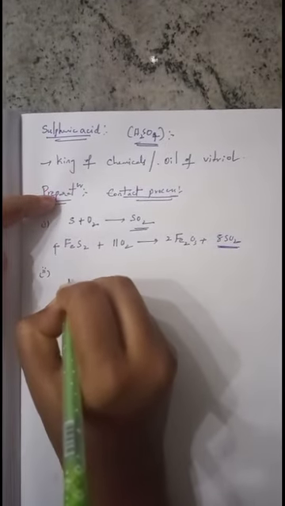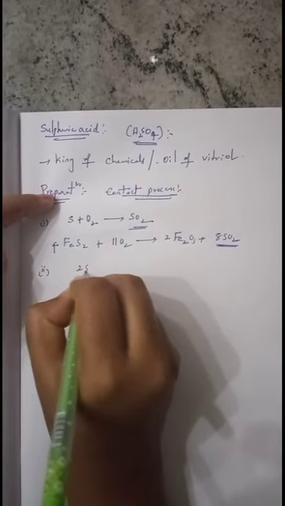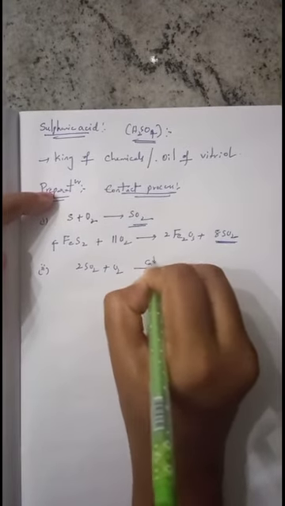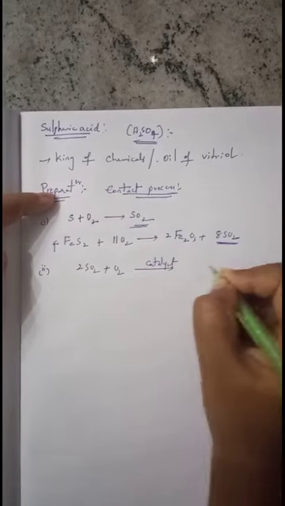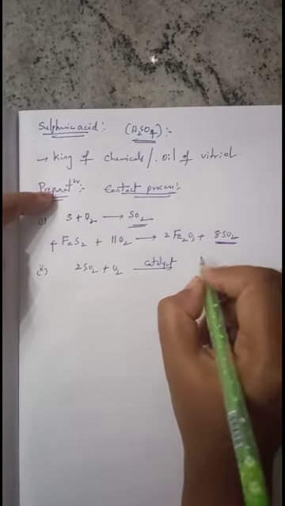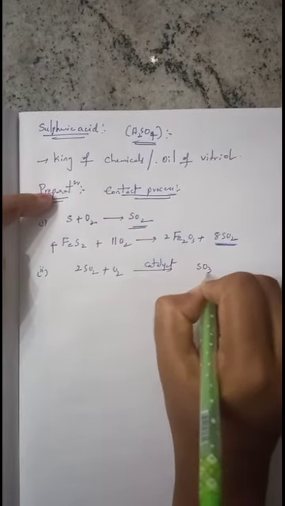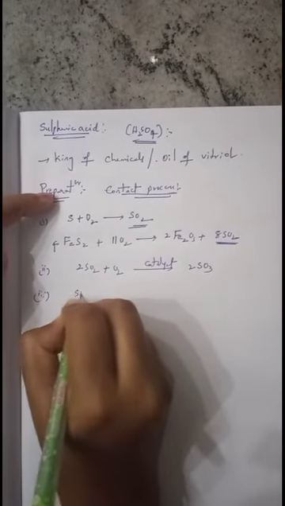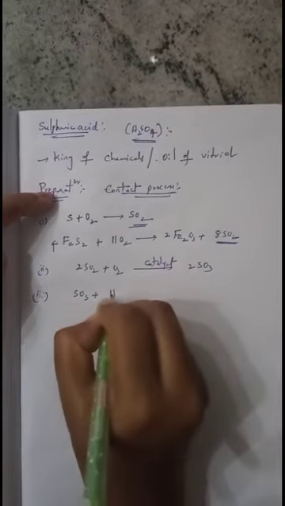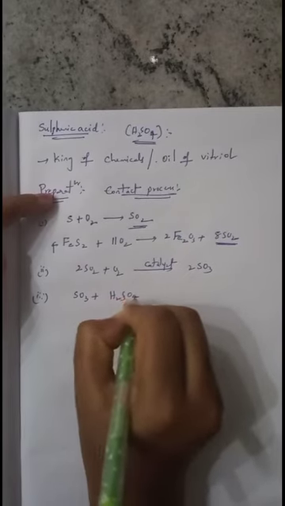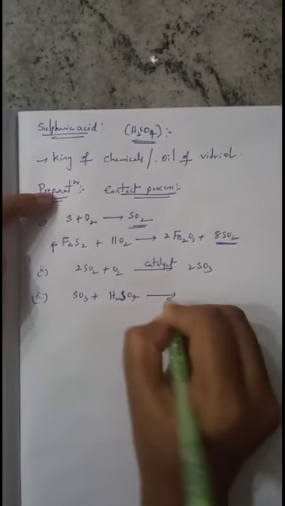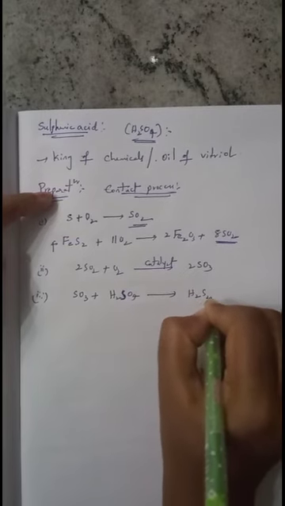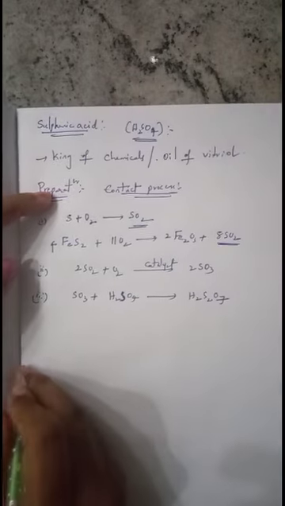In the second step, sulfur dioxide undergoes oxidation in the presence of a catalyst like V2O5. It is converted into sulfur trioxide, 2 moles. Now in the third step, sulfur trioxide is treated with sulfuric acid and converts into oleum, H2S2O7.